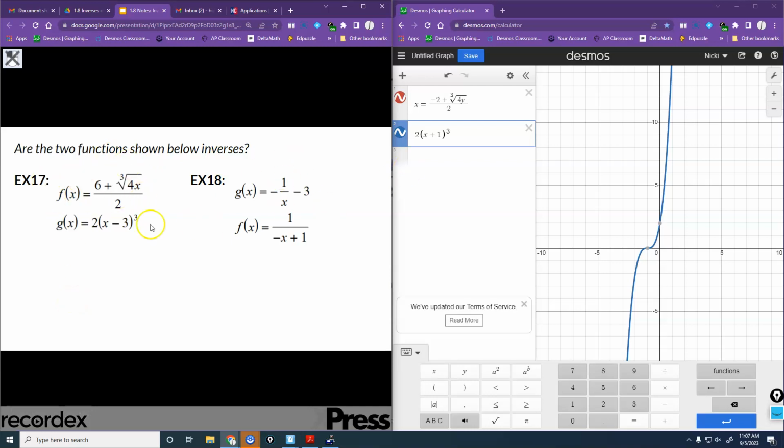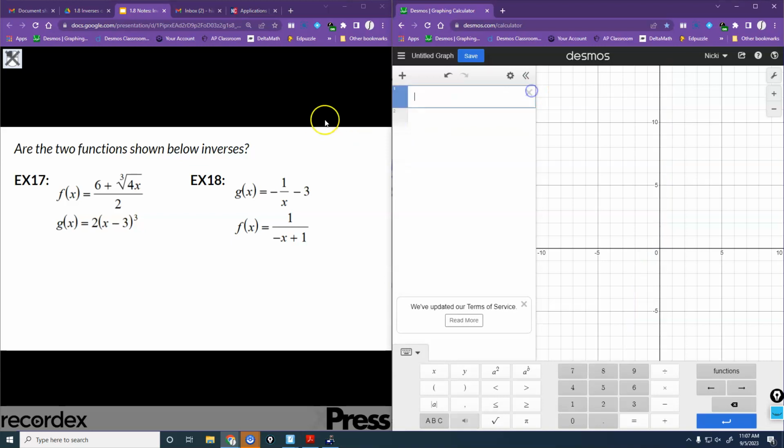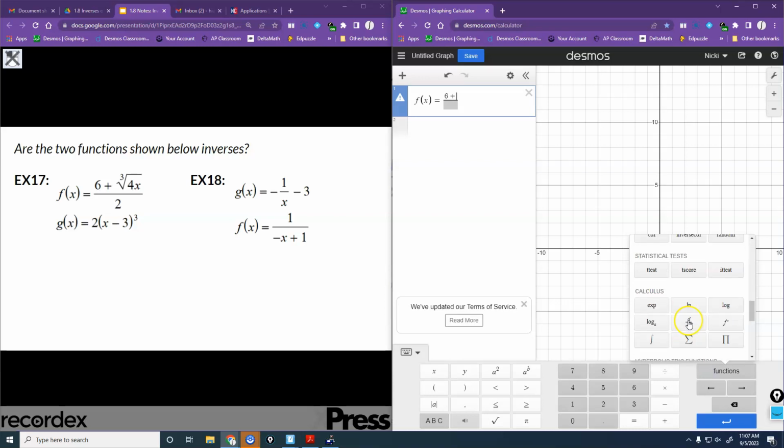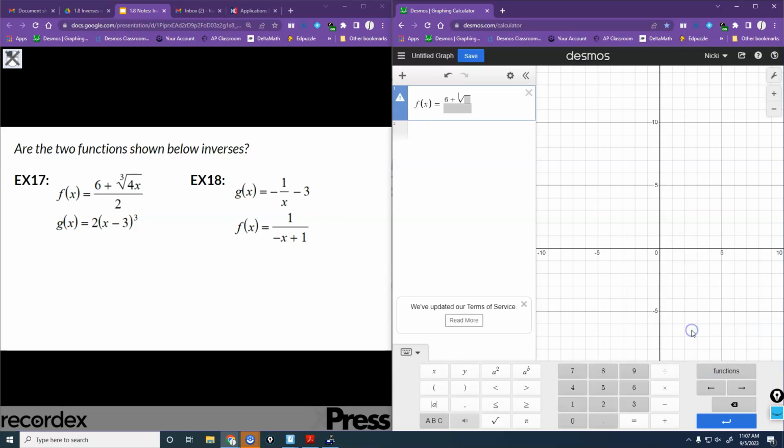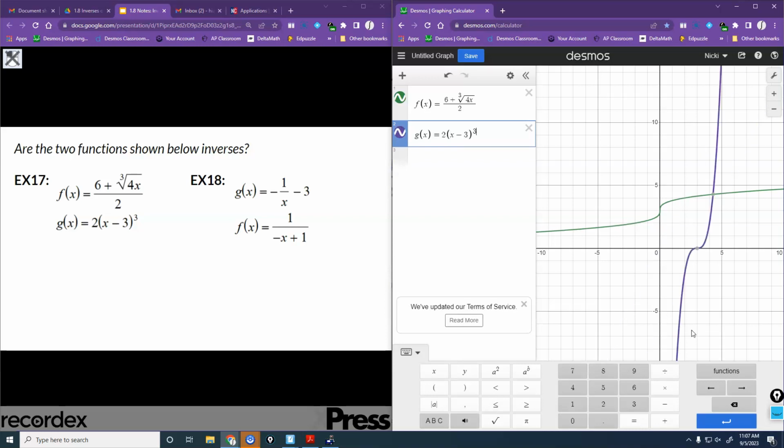You may also see some of these that just ask, are these two inverses? So you have two options for this, okay? I could type in f of x equals 6 plus cube root of 4x over 2, which is my first one, and g of x equals 2 times x minus 3 to the third.